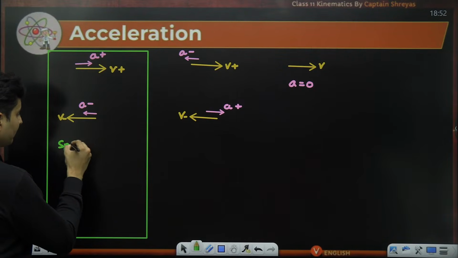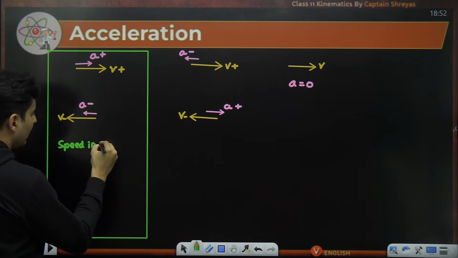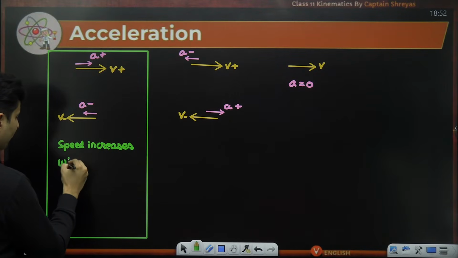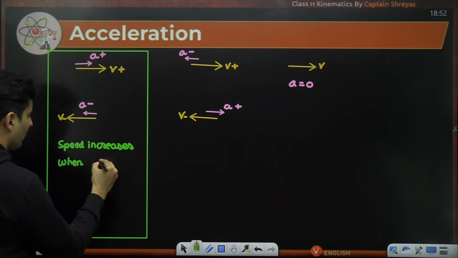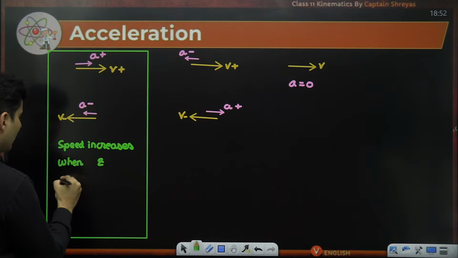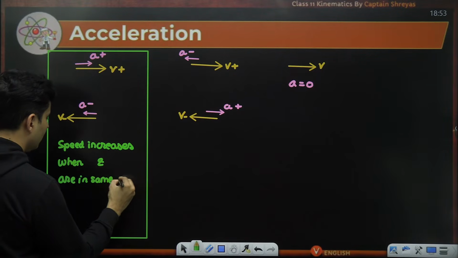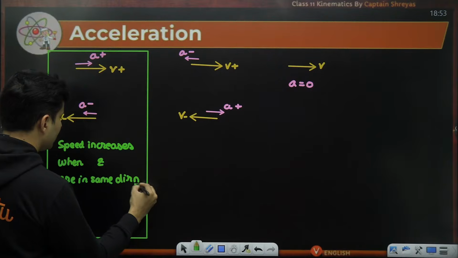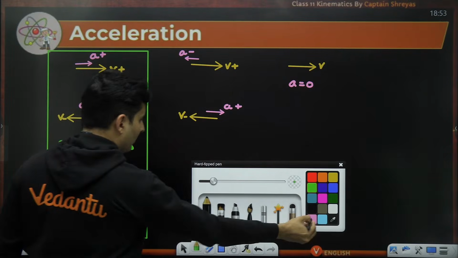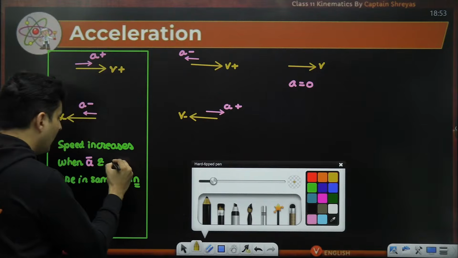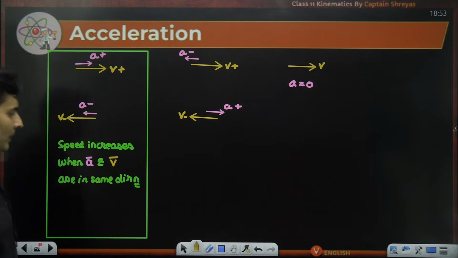The speed increases when both acceleration and velocity are in the same direction.